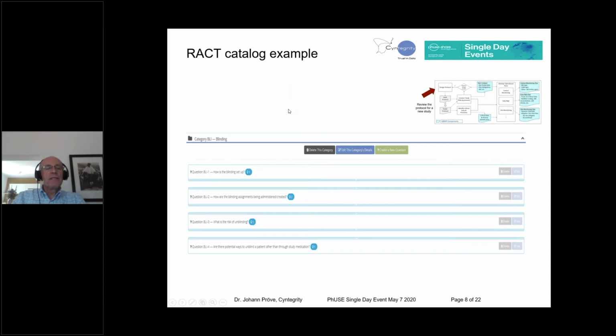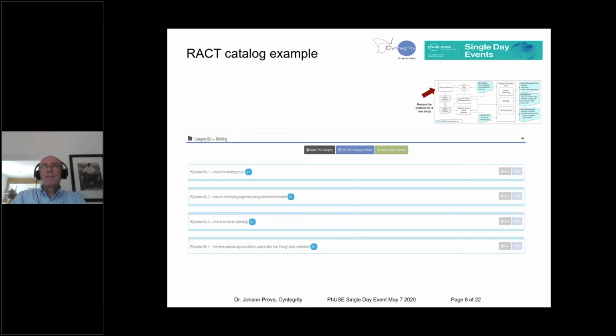I think this is probably a little difficult to see, but this is part of the risk catalog, of any risk catalog, and I picked the category blinding because that is frequently being used. And then there are various numbers of questions about the blinding. For instance, how is the blinding being set up, or what is the risk of unblinding?